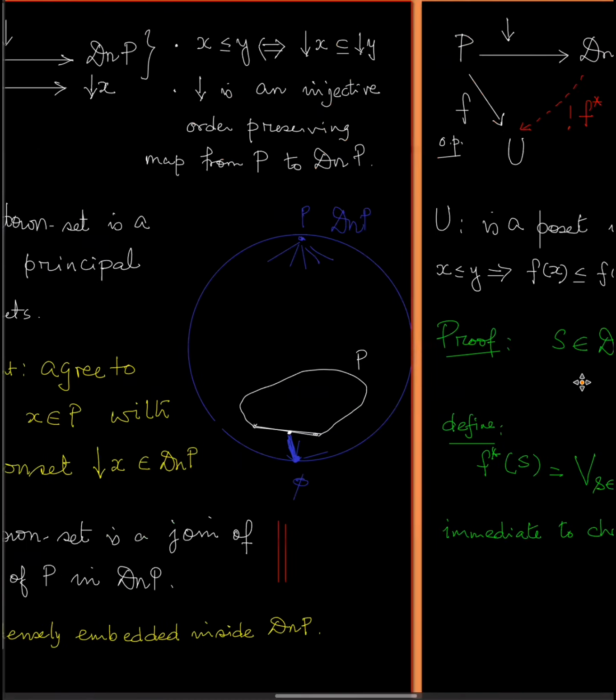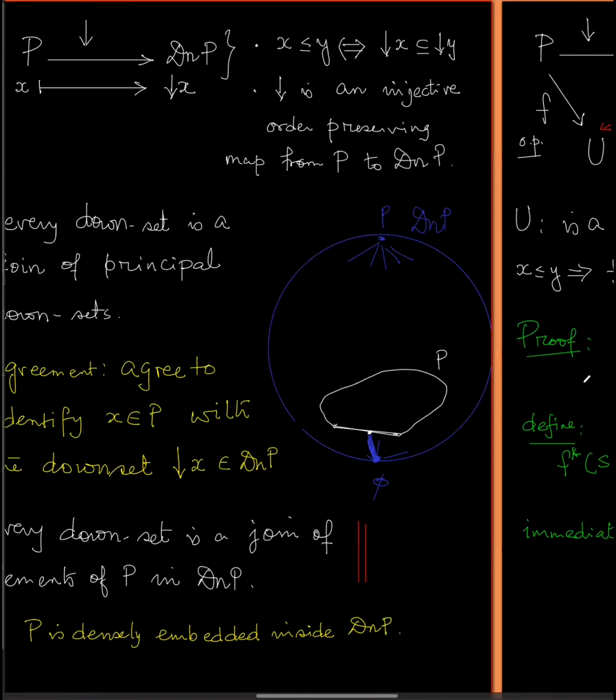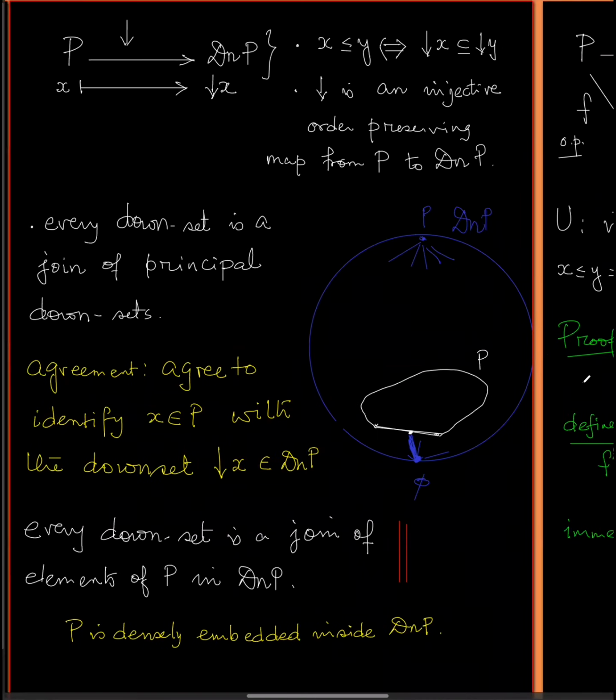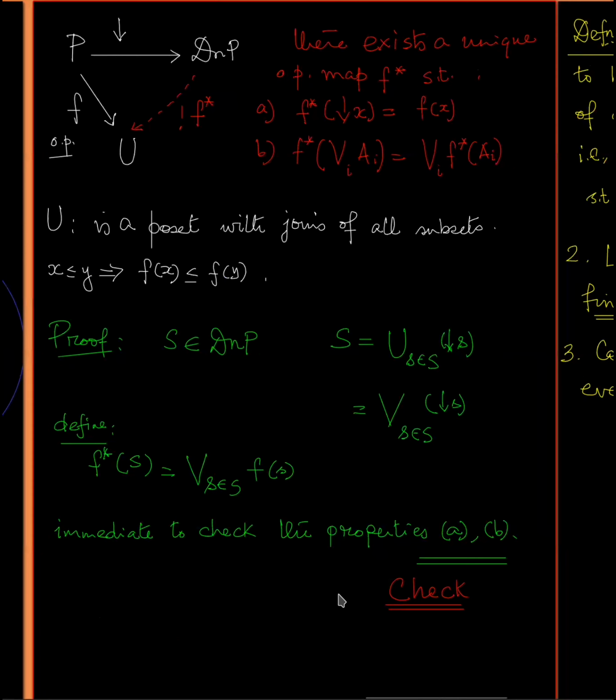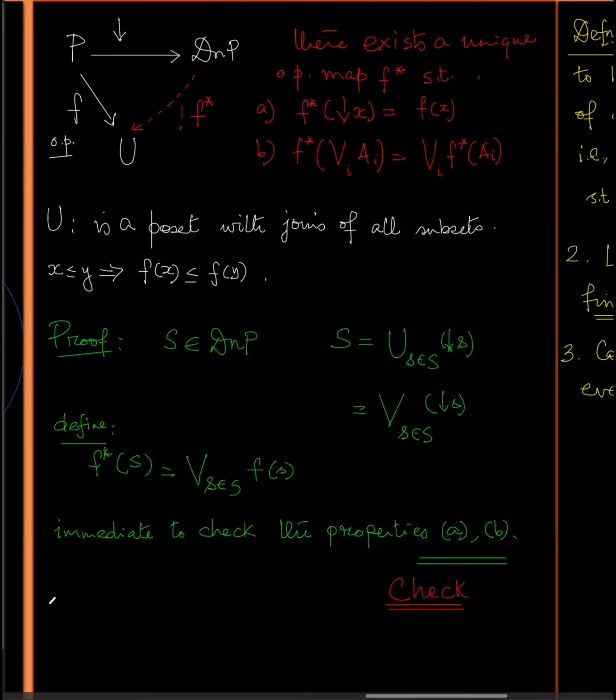So again, coming back over here, it says, therefore, every poset is densely embedded inside the complete lattice of its downsets. So that is the full story. So every poset, let me write it over here.